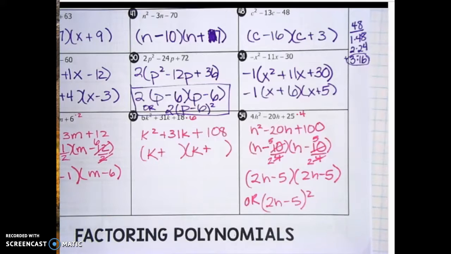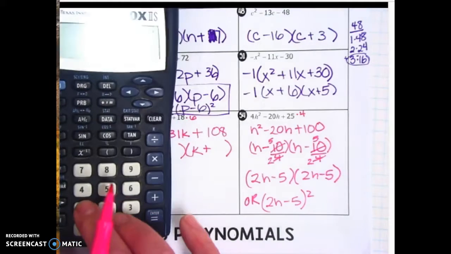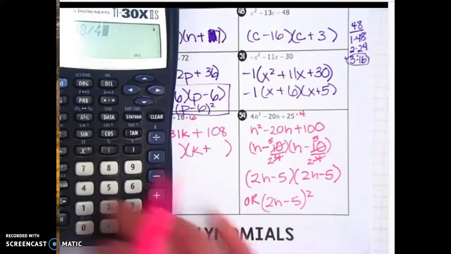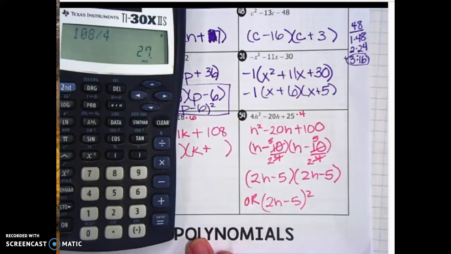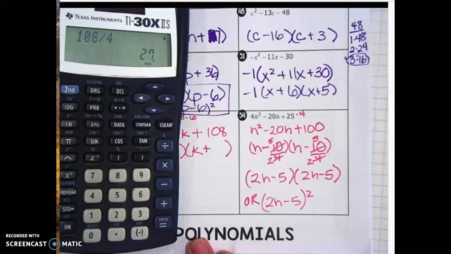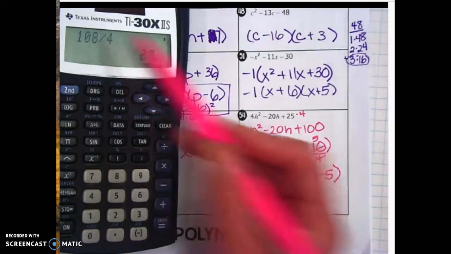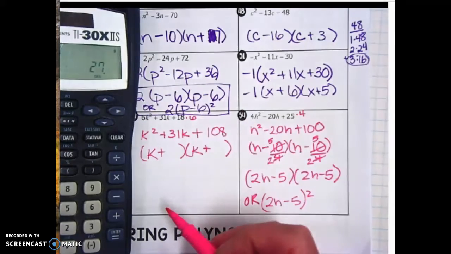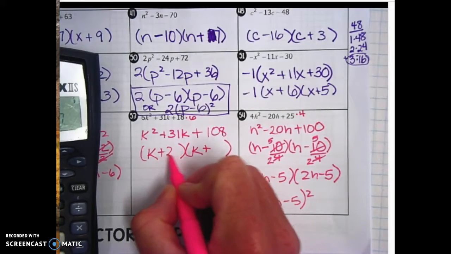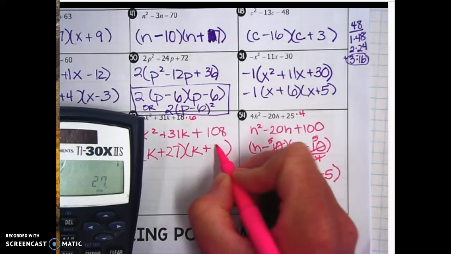It's likely divisible by 4. If you take 108 and divide it by 4, you see that goes in there 27 times. And 27 plus 4 is 31. So it's 27 and 4.